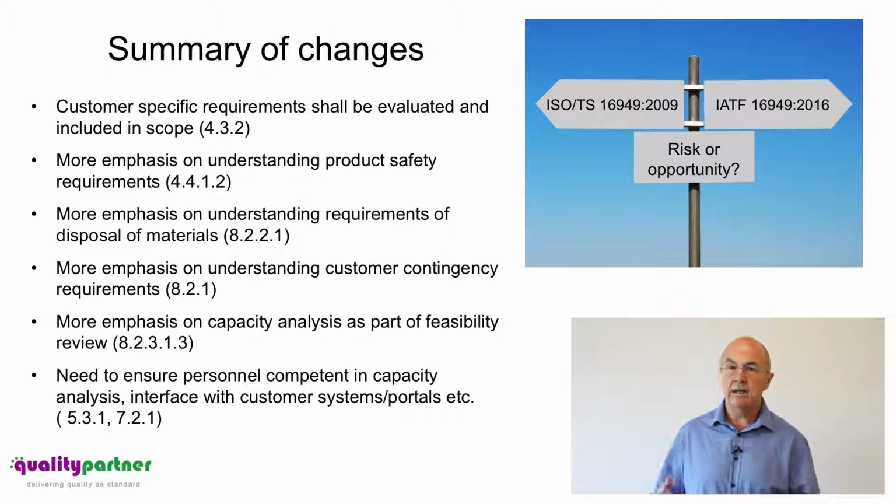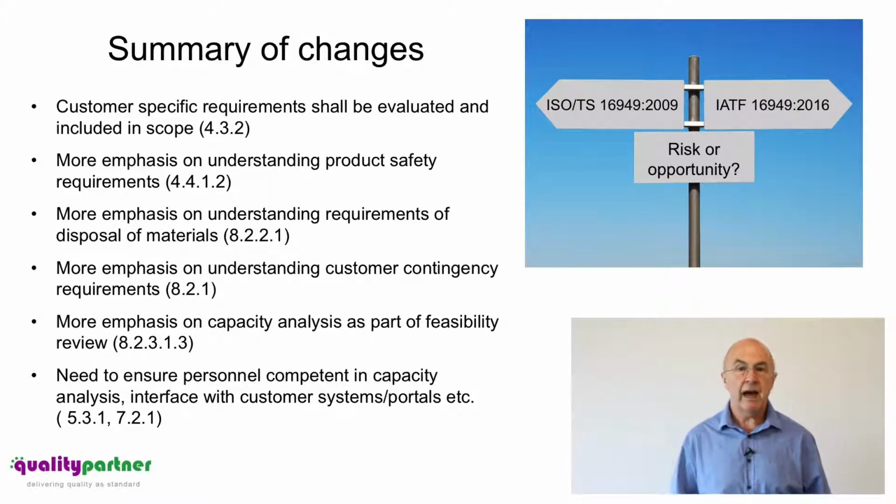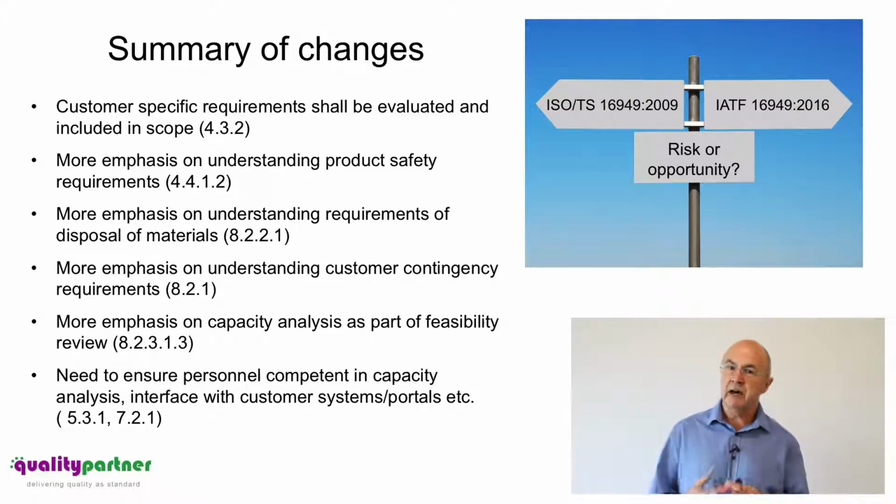For some reason, the organisation has had inadequate capacity. So please make sure in reviewing the transition to IATF 16949 that you have a robust capacity planning process and that it is included within the scope of the quality management system.